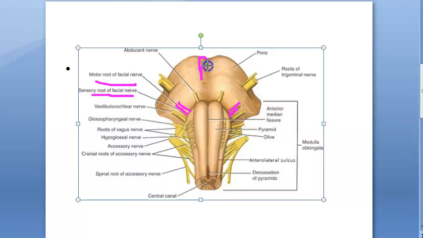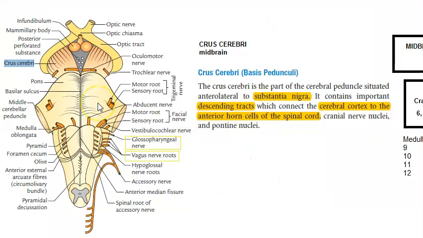This one is the pons, this one is the medulla oblongata, okay? So basically the 7th cranial nerve arises out of the pons. This is another diagram showing the pons, here you have the medulla oblongata, and here you have the midbrain.